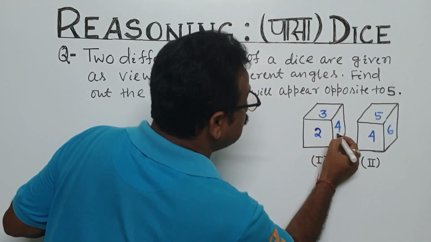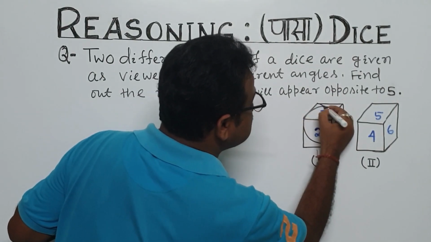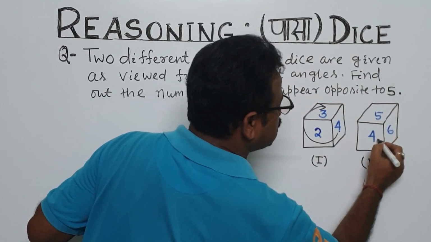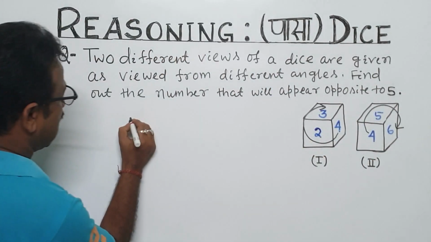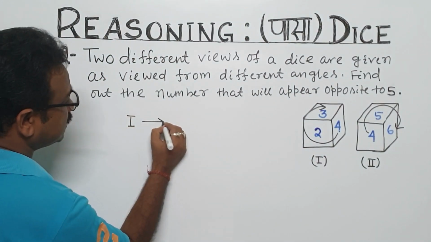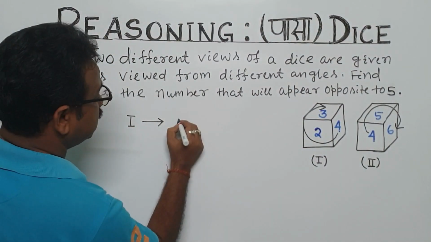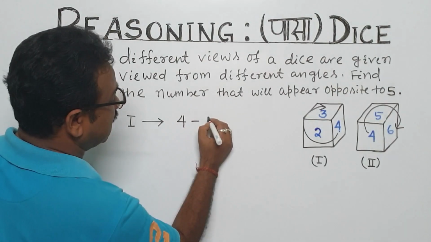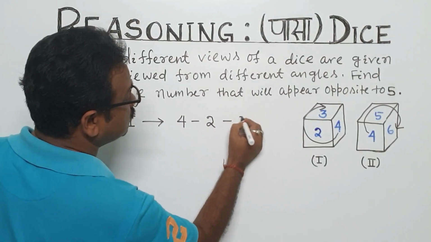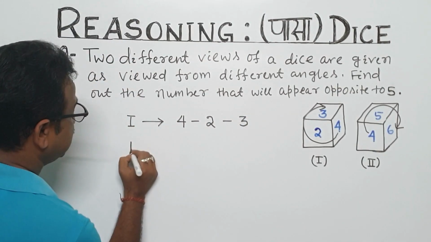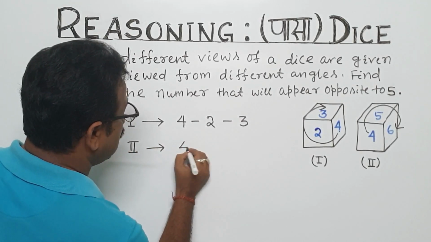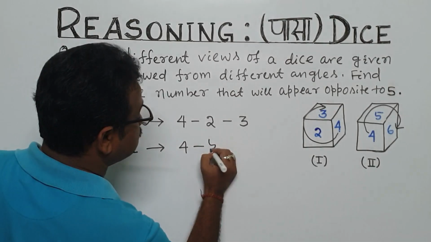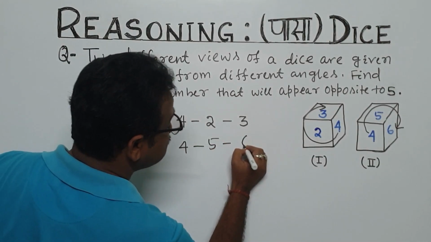We will move this in clockwise direction, or you can also move in anti-clockwise direction. So in figure 1, I am getting 4, then in clockwise 2, then here 3. In figure 2, I am getting 4, next clockwise 5, then here 6.